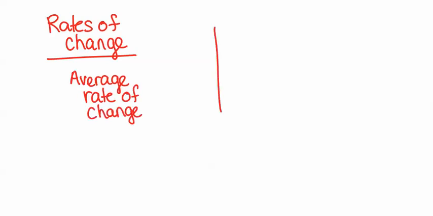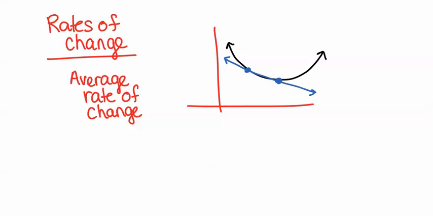So if we're just given an equation or a curve or whatever it looks like, and you wanted to find the slope between, the average rate of change would be like you pick 2 points and you're finding the slope between 2 points. So you're just doing this equation.